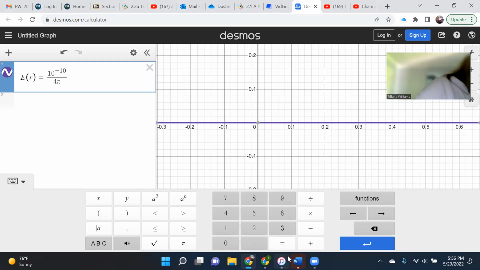Oh, 1 over 4 pi e to the 0 is that constant there. So I actually don't need the 4 pi e to the 0. That's going to be replaced with this lovely, beautiful constant, this Coulomb constant. I think that's how you say it. Then we've got r squared.